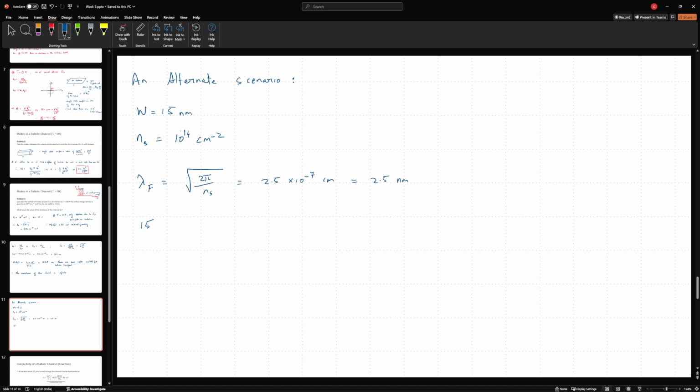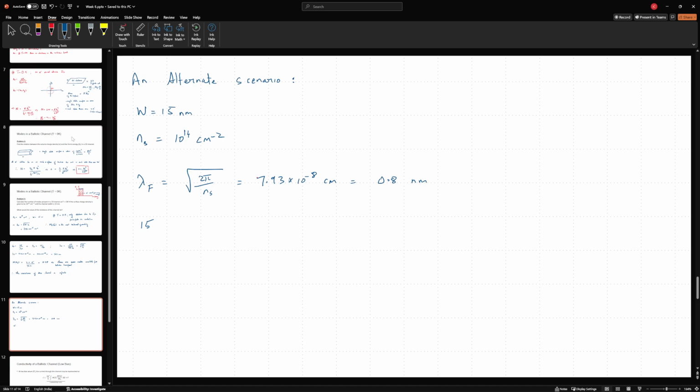So if I took it to be 10 to the power 14, then this quantity is again the same as before, 7.93 into 10 to the power minus 8 centimeters, which will give me approximately 0.8 nanometers. So this is now the Debye wavelength because there are so many electrons.